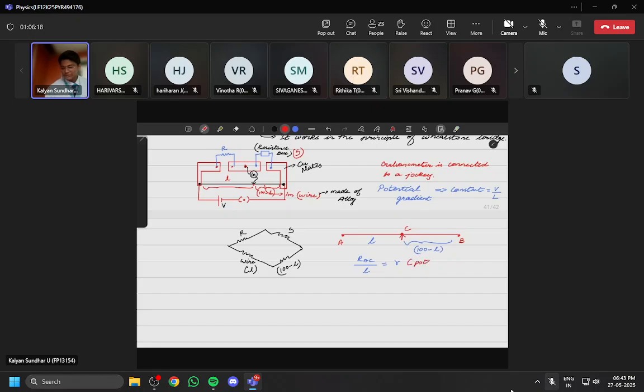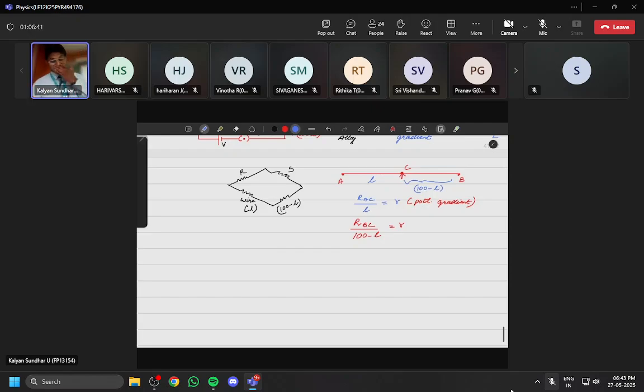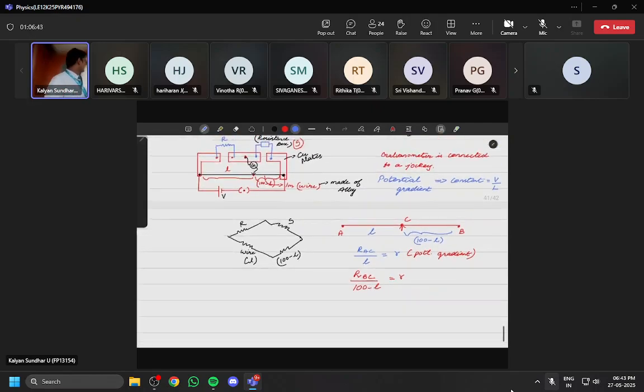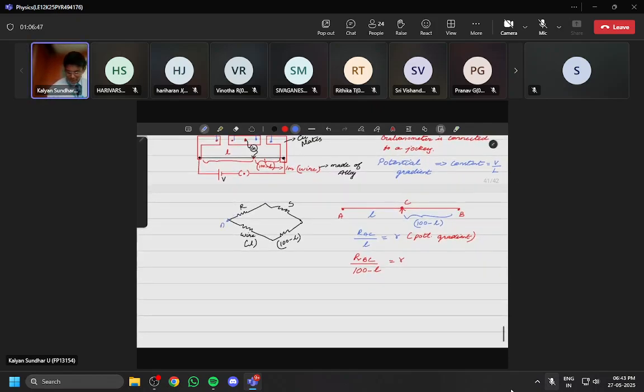Your potential gradient, which will be also equal to RBC divided by 100 minus L, which will be also your r value, your potential gradient. It will become constant, right? அப்ப ஆக மொத்தம் நீங்க எப்படி எழுதலாம்? Potential across this will be of the case RAC. RAC னா இதான் potential. So this is your A point, இது C point, and this is your B point.